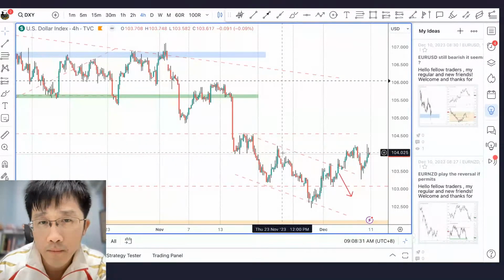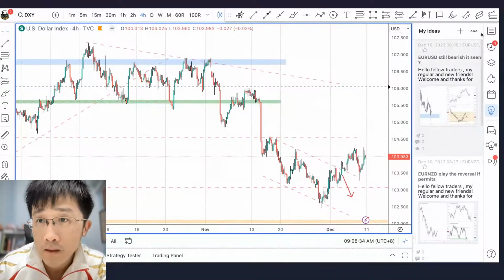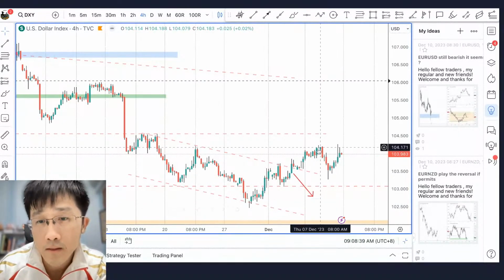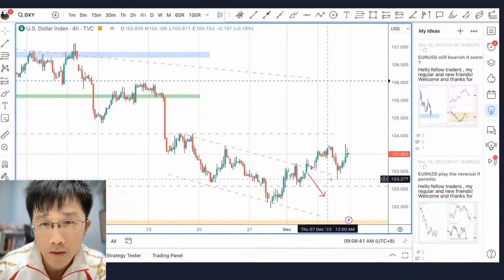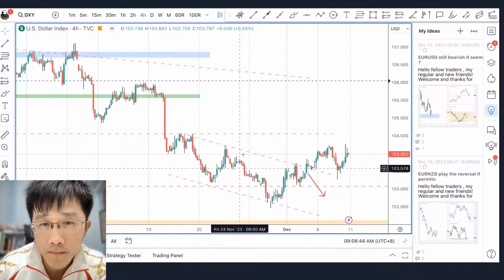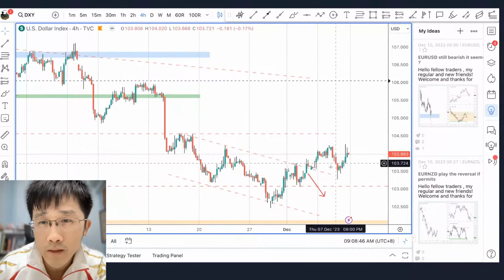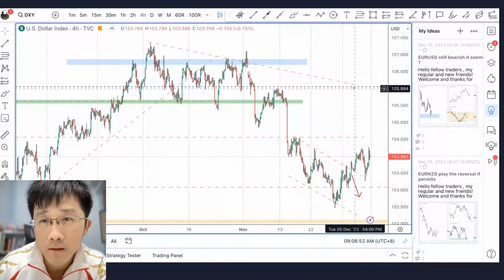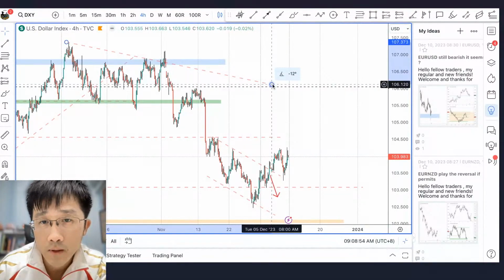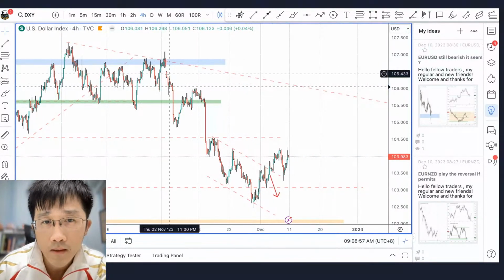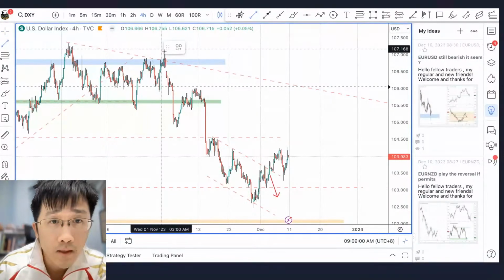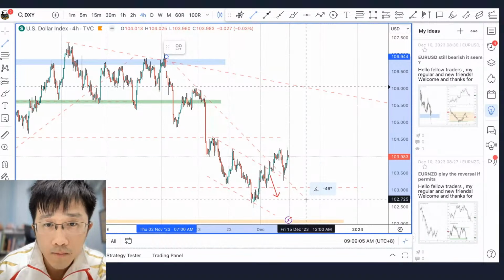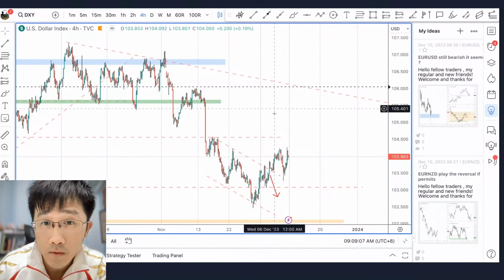Right now, I think I will be leaning more towards the upside, because on the 4 hour it is still forming higher highs and higher lows, and it also broke out of this. It could be a likely inverse head and shoulders over here, which could see it testing this downtrend line. This is the trend line it could be testing, and the nearer-term trend line over here has already been broken.